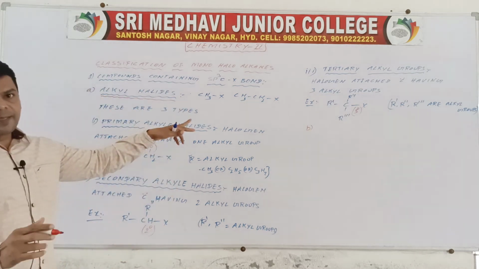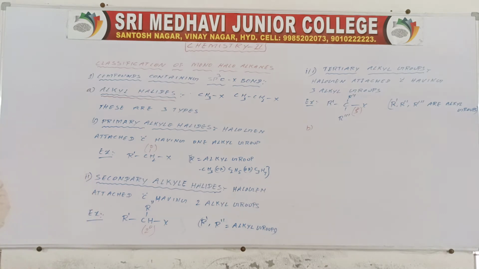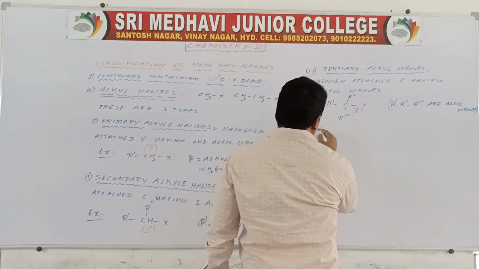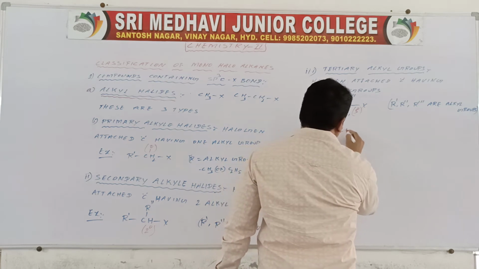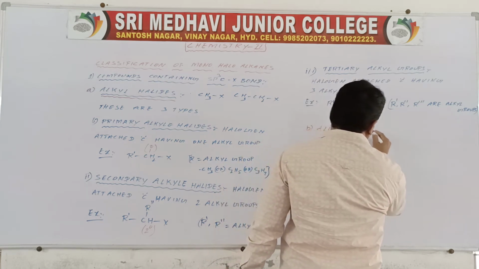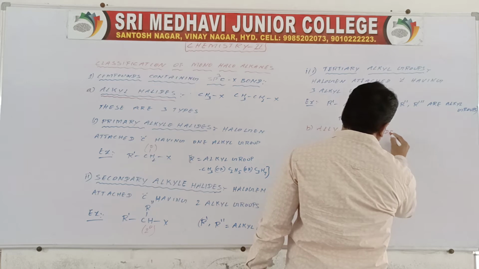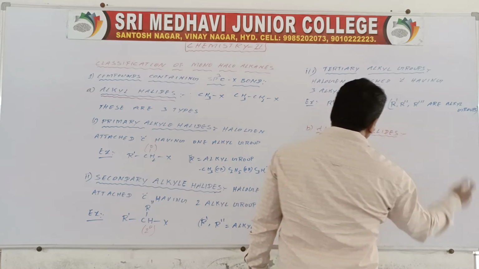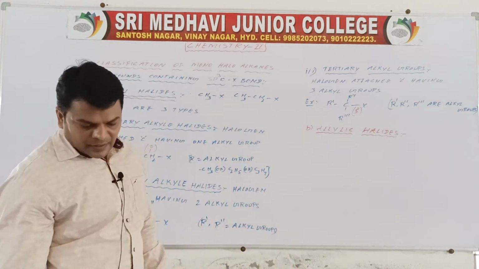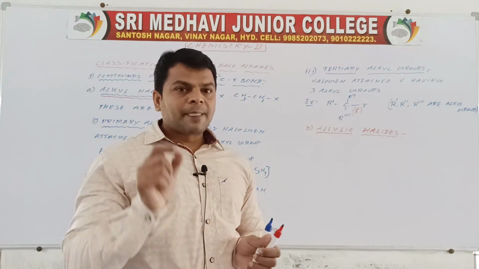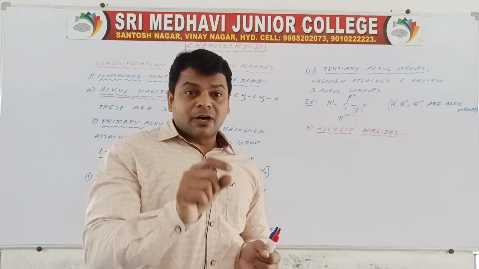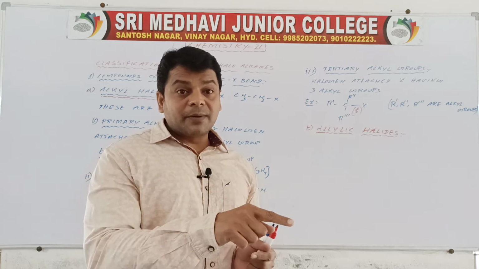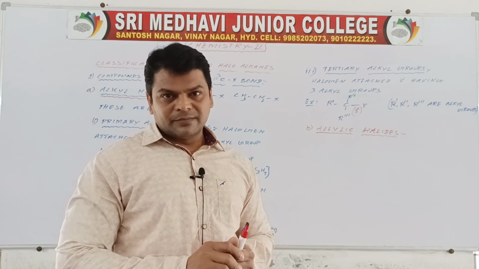Next, the second one is allylic halides. Allylic halides means the halogen-attached carbon atom must be sp3 hybridized and the next carbon has a double bond.